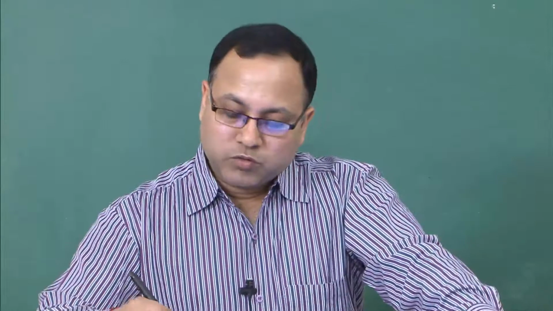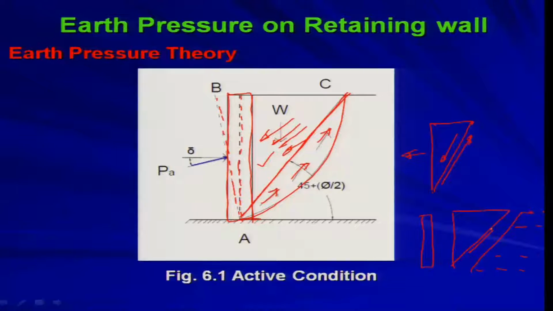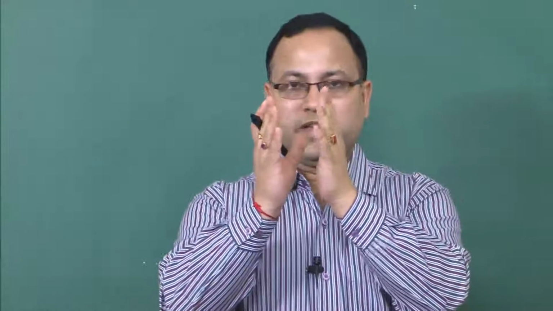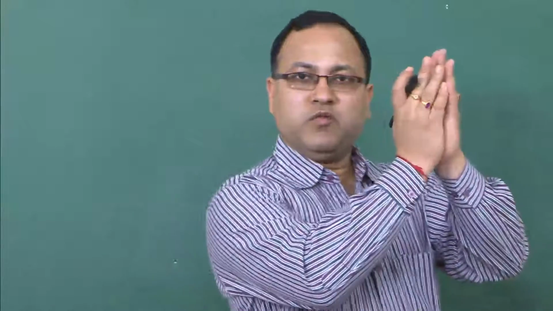Now, if you try to show the resistance, the wedge will try to move towards the wall, in this direction. So the resistance will be in this direction, whereas the resistance on the soil under rest condition will be like this. Similarly, if you consider the wall perfectly rough, meaning there is no slippage between the wall and the backfill wedge, then the whole thing will move together.